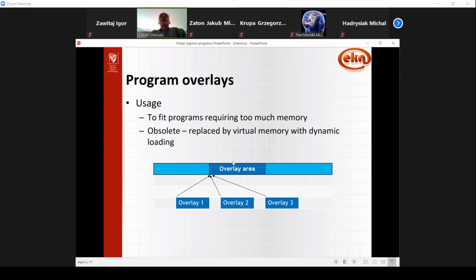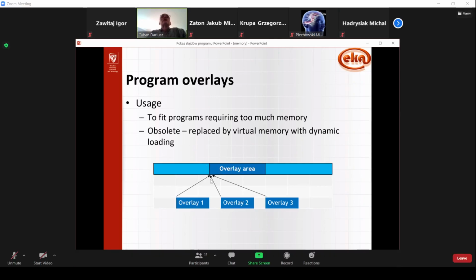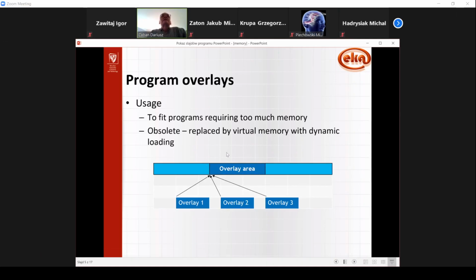It will not only jump, but before jumping, it will check what is inside the overlay area. If you are jumping to overlay 1, but inside the overlay area is overlay 2, then it will first copy overlay 1 from the executable, put it into the overlay area and jump or refer to that address. Okay. So the content of the overlay area is changing depending on which overlay you are using.